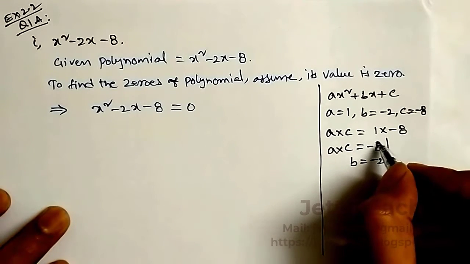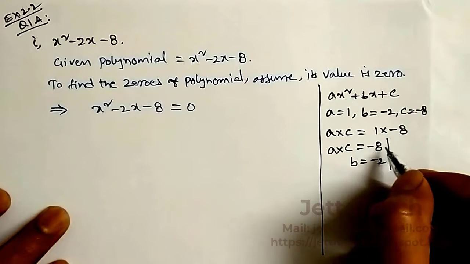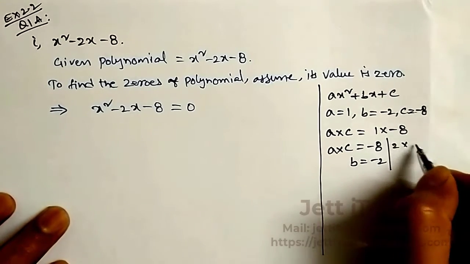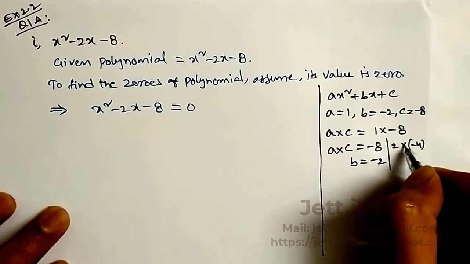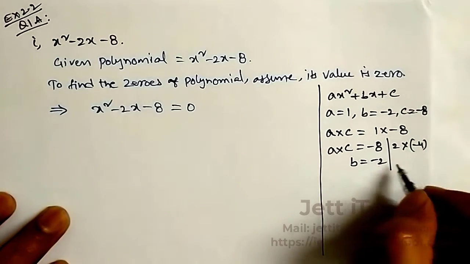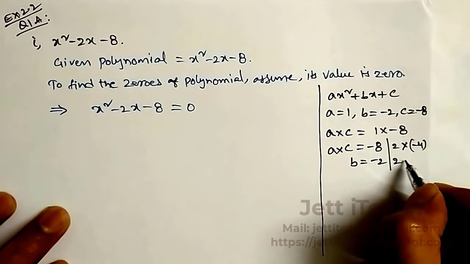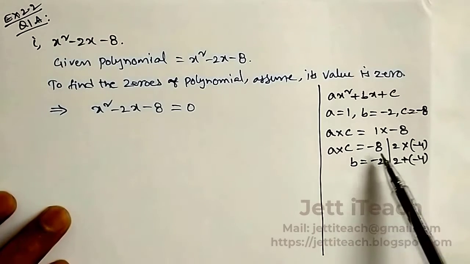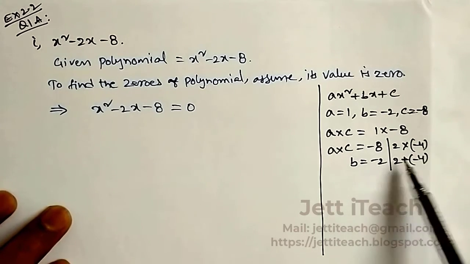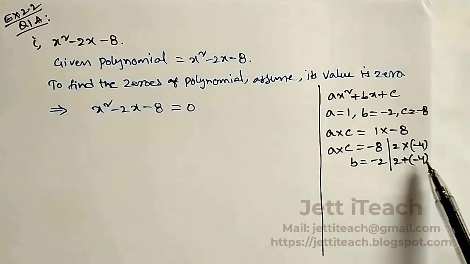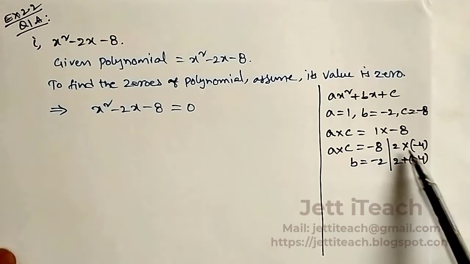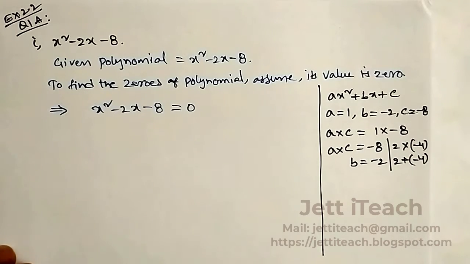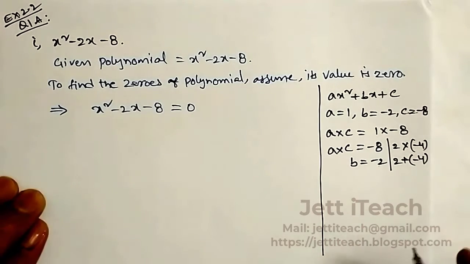I can write 8 as 4 into 2, or 2 into 4, 2 into minus 4. If you see, I wrote 8 and 2 both in terms of two integers. In a similar way you can split it.